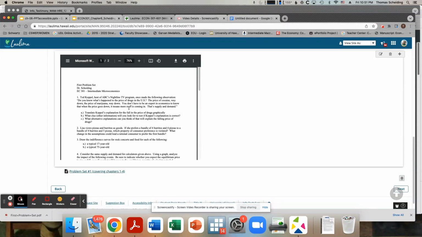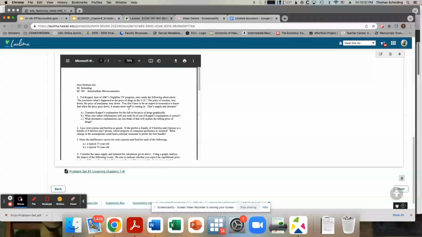If you did things on your iPad, take a screenshot and then combine the screenshots into a single PDF, just to have a single file. And if you type into Google, how do I put multiple pictures into a single PDF, it'll walk you through how to do it. It would just make my life incredibly easy.